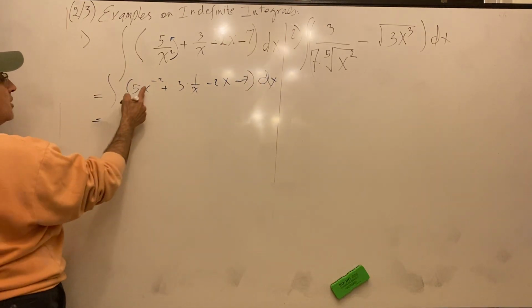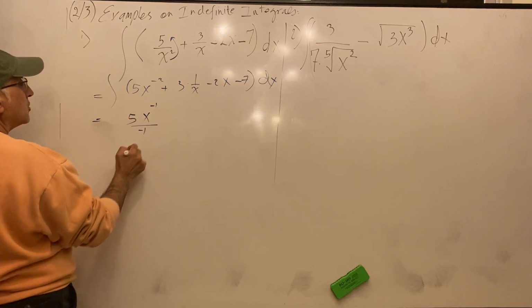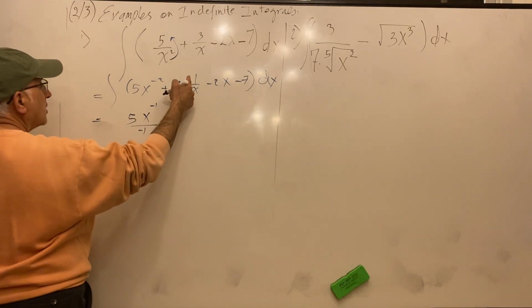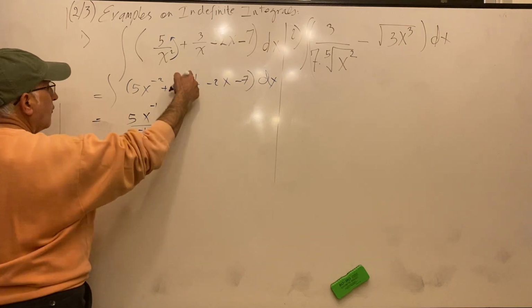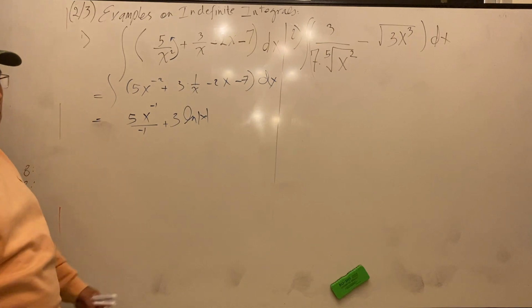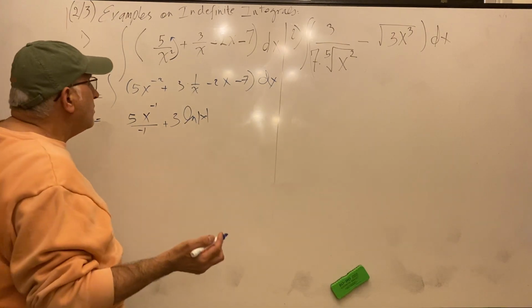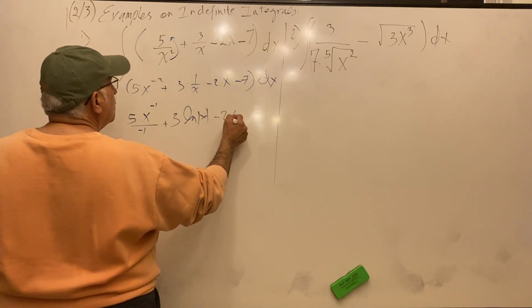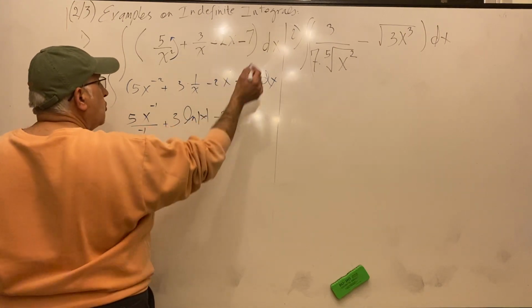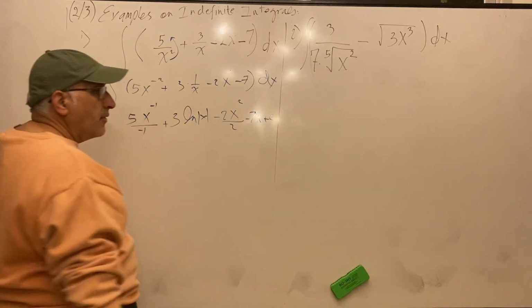Therefore, the integration of that, minus 2 plus 1, is minus 1, over minus 1, plus the integration of 1 over x, which is ln of absolute x. Why absolute? Because ln takes only positive values. If you forget, it's okay. In general, for 2, the x power 1, you add 1, it's x squared over 2, minus 7x. And remember, never forget the c.